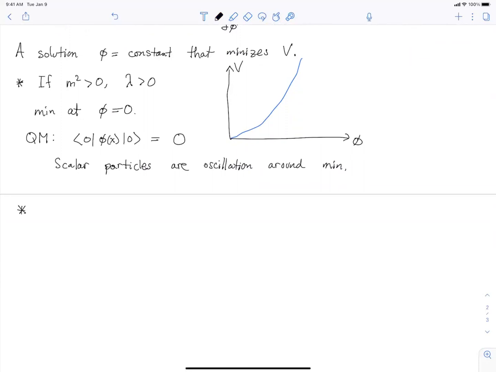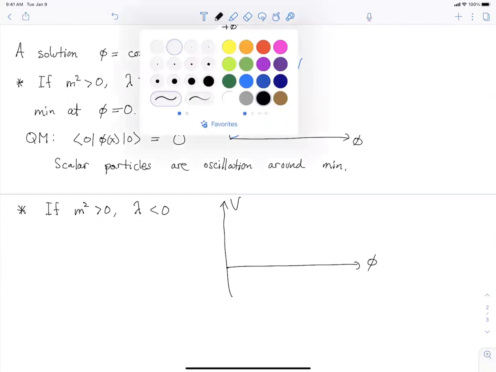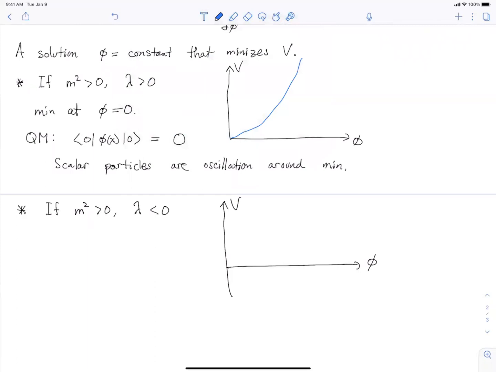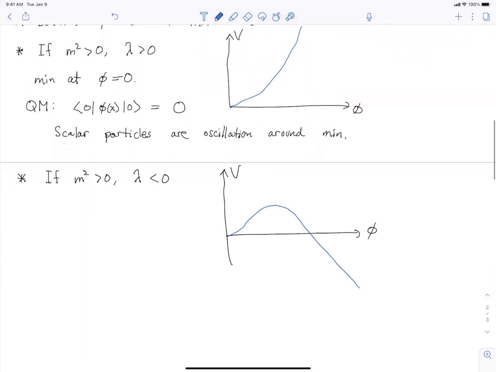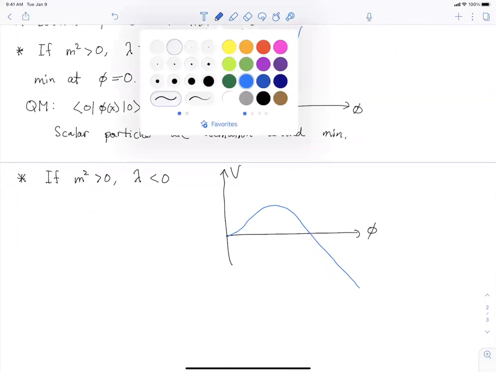Another possibility is if m squared is greater than 0 and lambda is less than 0, then what does this thing look like? This is the potential as a function of phi. And so now it'll look like something like this. At large phi, lambda takes over, and the potential goes off to negative infinity. And so this is unstable.